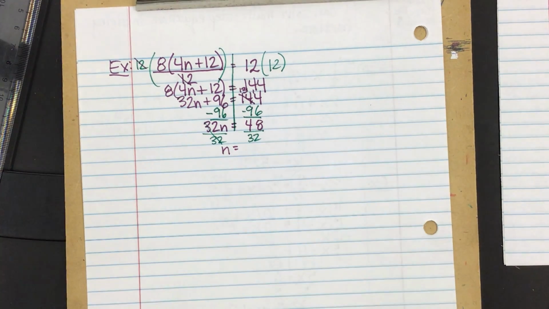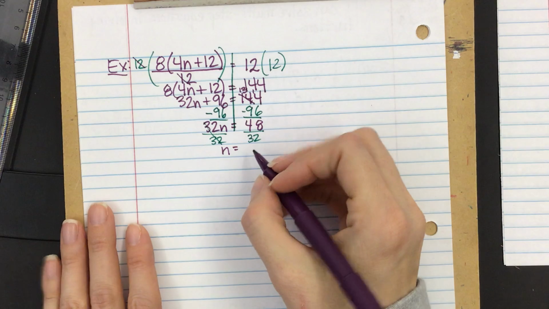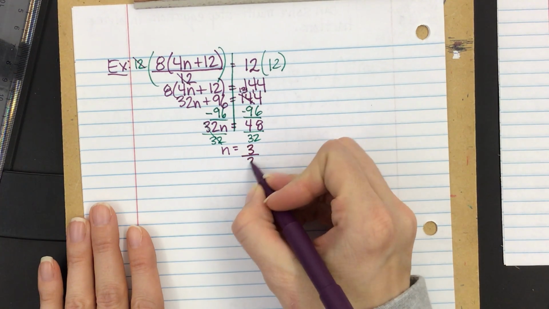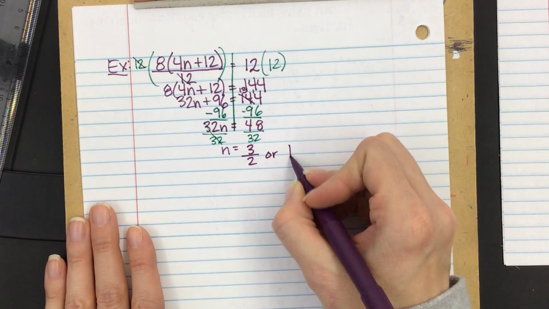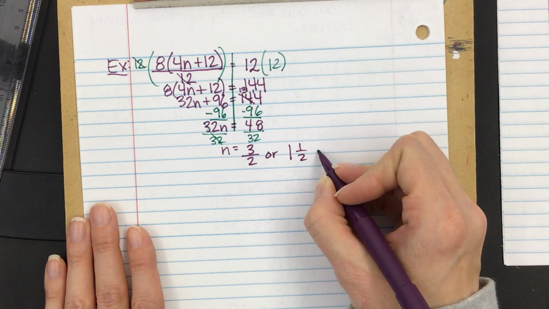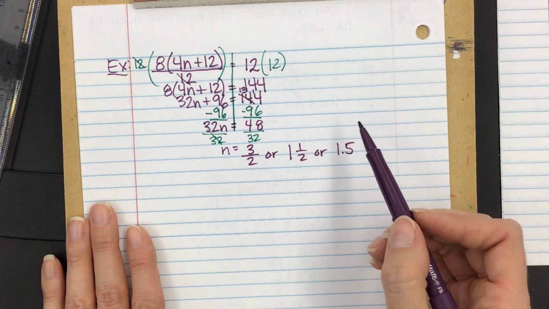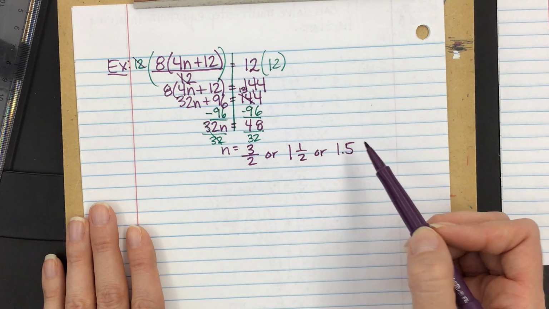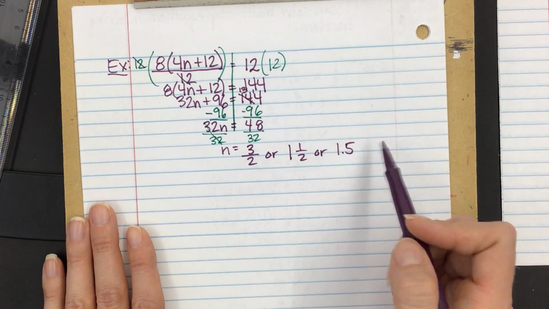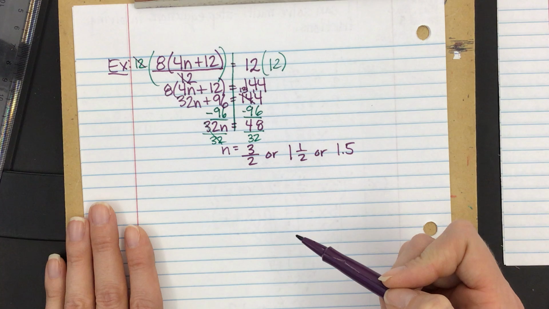Okay, at this point you have some options. You can just reduce it and leave it as a fraction, 3/2. Or you could do 1.5. Since this is a decimal that terminates, like the decimal ends, it's exact, you can enter that as a decimal.